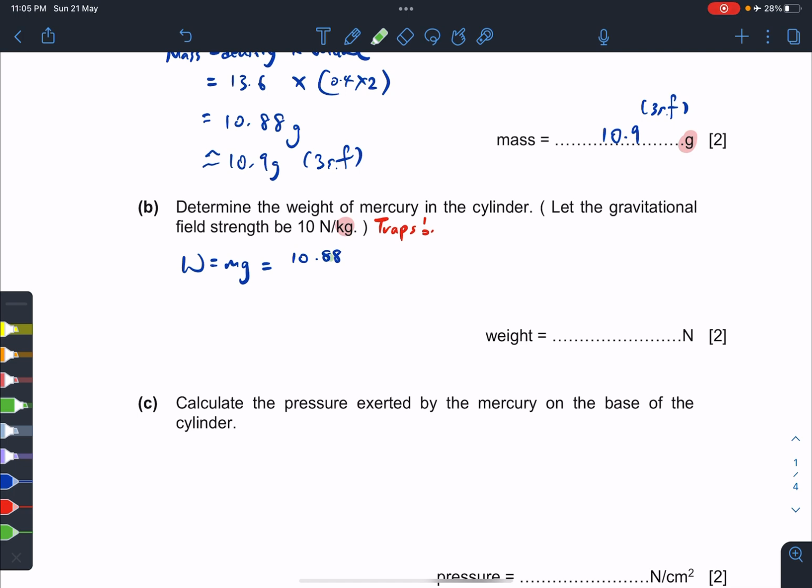Do not use the rounded off answers. Do not use rounded off answers to continue the next part. You use the original number. So the one highlighted in green here tells me to use the original number, not a rounded off number.